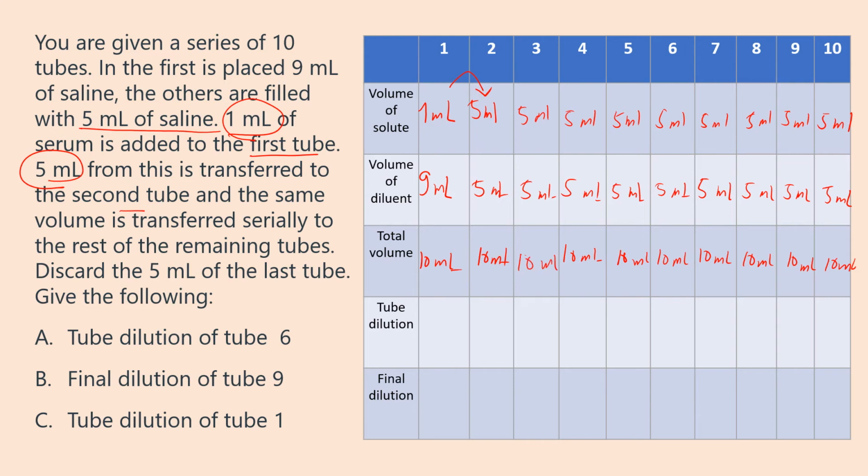Of course, when you do the series of dilution, you have to discard 5 ml from the last tube.